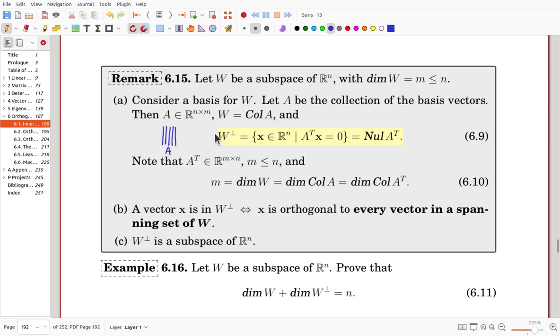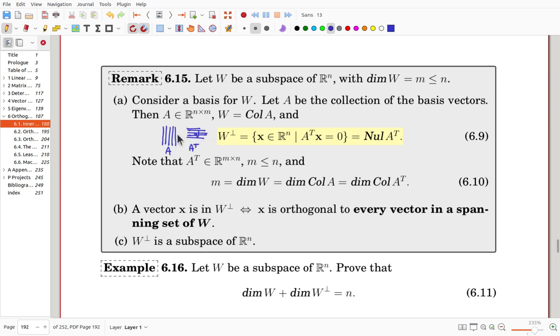Once we choose a vector from W perp, then W and each column dot product must be 0. That is the same as that. Now if we consider A transpose, then these columns will change into rows, right?